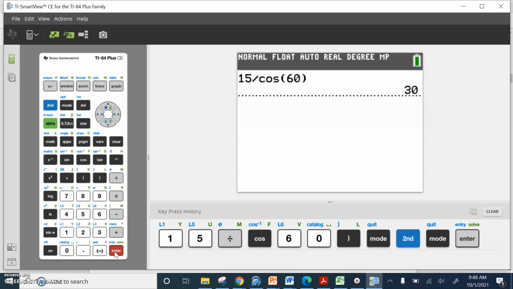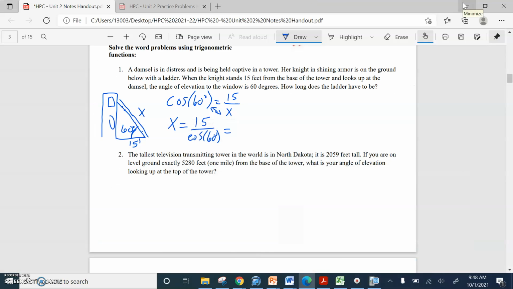So 15 over cosine 60 is 30 because we should know our right triangle trig unit circle: cosine of 60 is a half. So 15 divided by half is 30. There you have it. How long does the ladder have to be? It needs to be 30 feet.